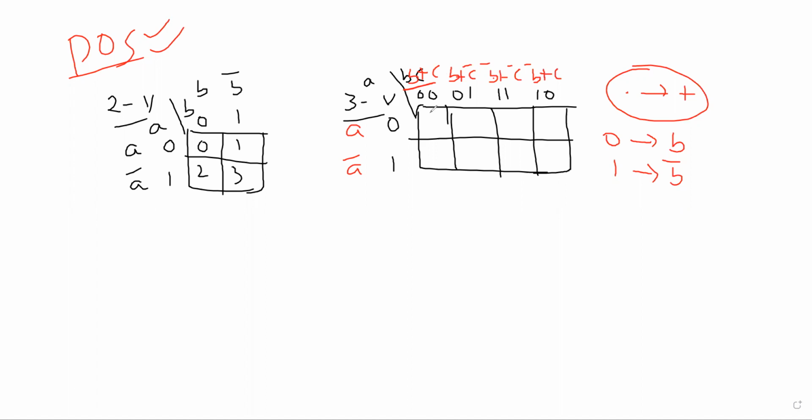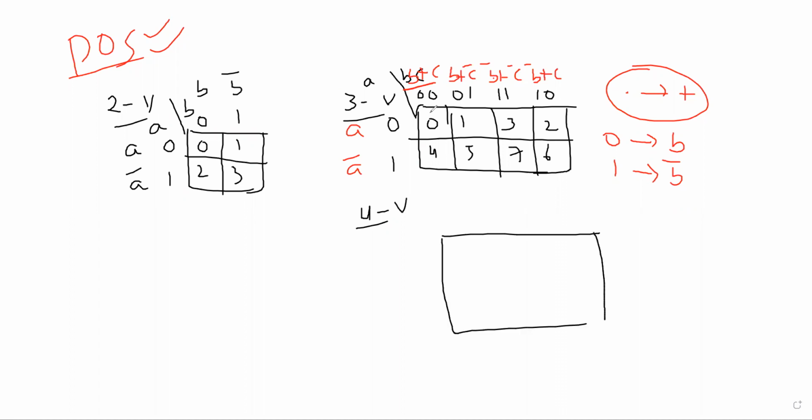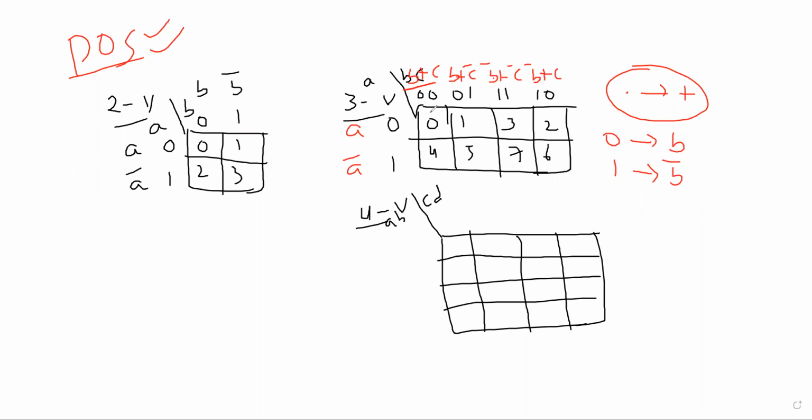Similarly, for the 4 variable K-map, we are having 16 cells. Okay, I forgot to represent the gray code. 0, 1, it will be 2, 3, 4, 5, it will be 6, 7. There is no change in the gray code. Now let us consider A, B, C, D are the input variables.